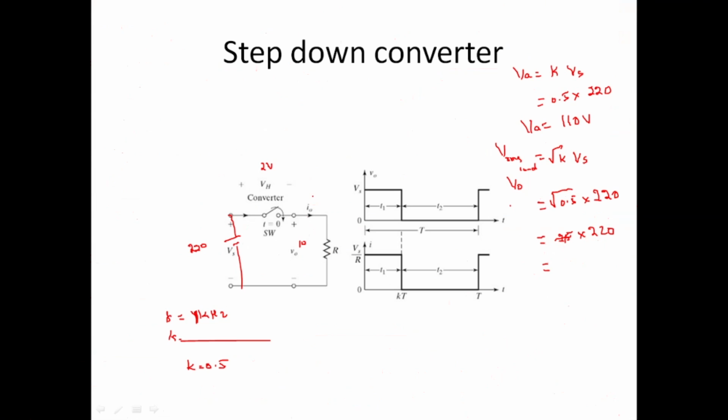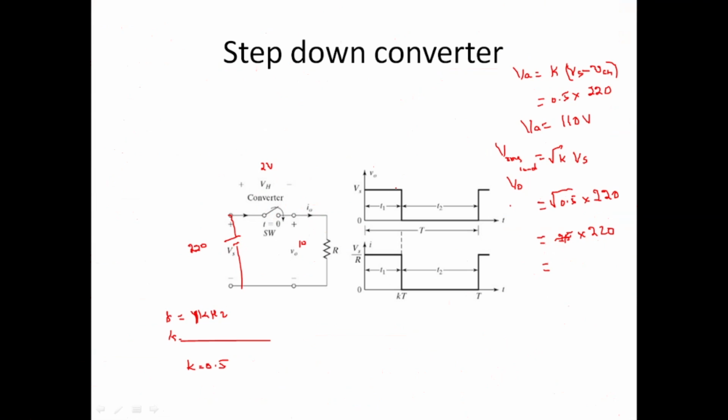See, one mistake we made here is that we considered it as ideal, but I said already it is not ideal. The drop is 2 volts. So I should change this formula. Instead of K into Vs, I should write K into (Vs minus V chopper), because we got K into Vs assuming earlier that there is no loss. If there is a loss, Vs 220 minus 2 comes to the load.